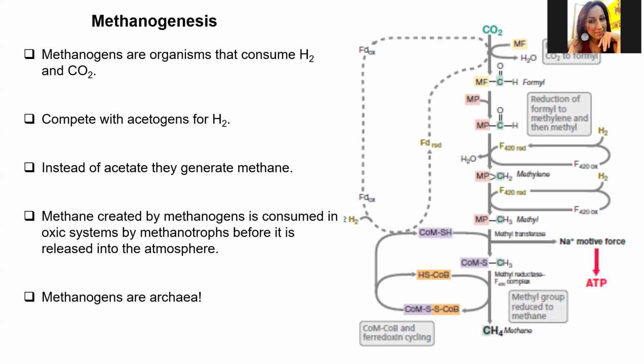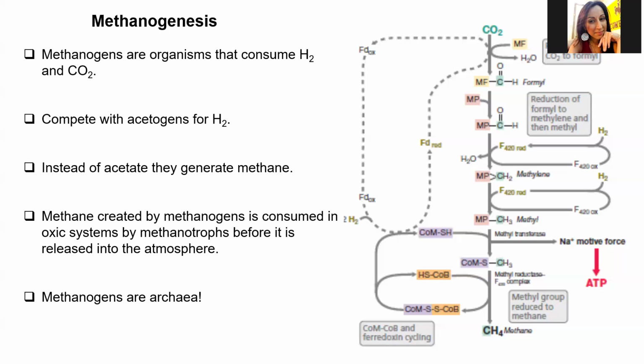Same as acetogens, methanogens are using hydrogen as a fuel source, and they're reducing or fixing carbon dioxide. Note that they are in competition with acetogens, and also, as mentioned previously in class, with sulfidogens, because they all love hydrogen as a fuel source. They were all among the first metabolisms.